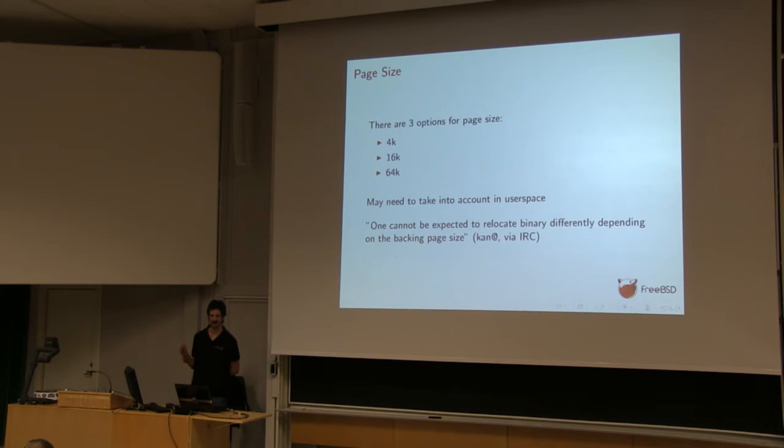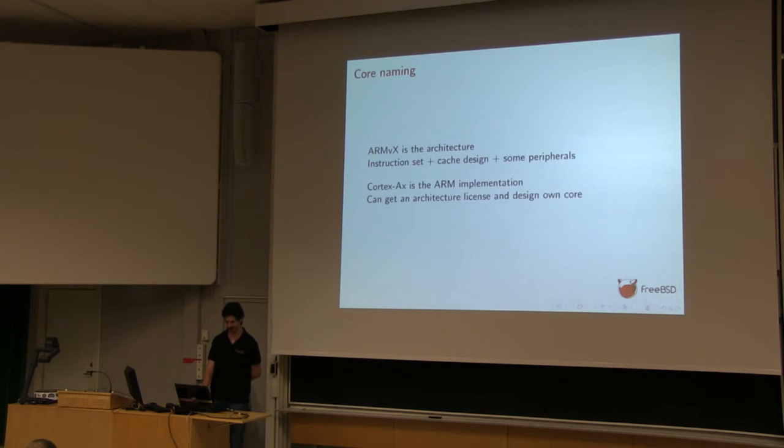Most hardware may only support 4 or 64K. You may need to take this into account in user space, but hopefully not, because as there was a quote on IRC a few days ago saying one cannot expect to relocate binaries differently depending on the backing page size. The hope is that the API has been set up well to handle this.